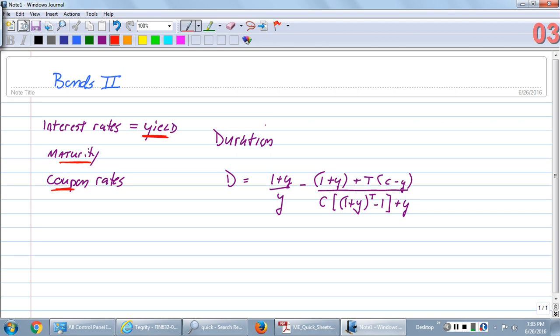So this one measure called bond duration takes into account all three variables and gives us one measure we can use to determine how sensitive a bond is going to be to interest rate changes. The greater the bond duration, the greater the price sensitivity when interest rates change.